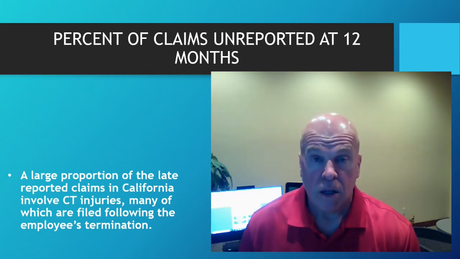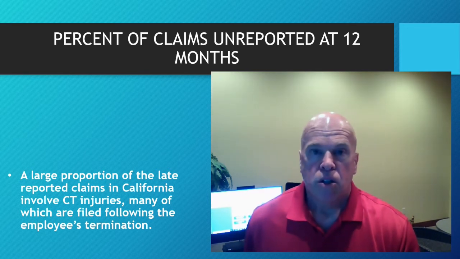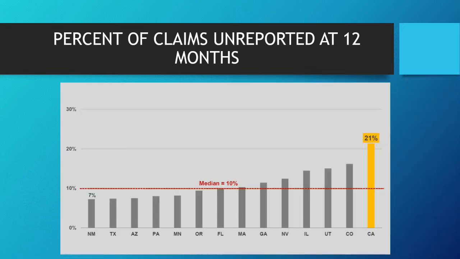So let's take a look at how California compares to some other states within the United States. Here is a graph that depicts California compared to some other states, such as New Mexico, Texas, Arizona, etc. And you'll notice that across all states, approximately only 10% of claims are unreported at the 12-month period following the quote-unquote date of injury.